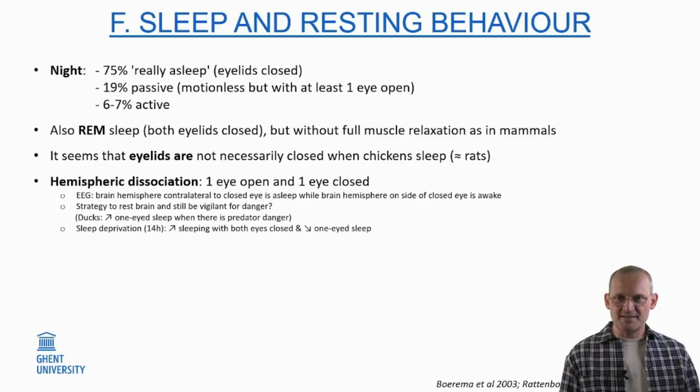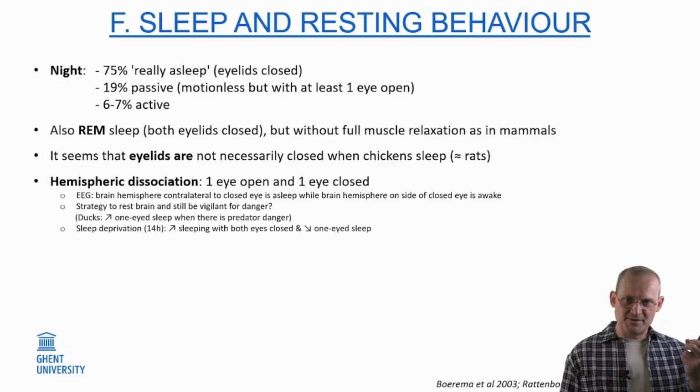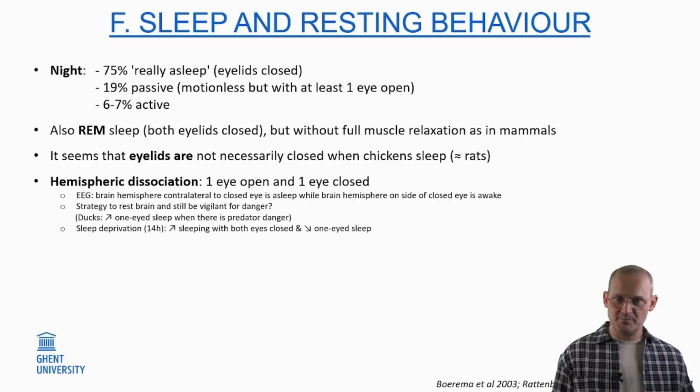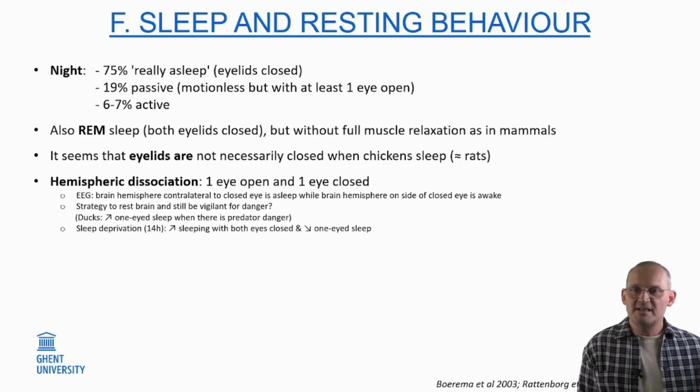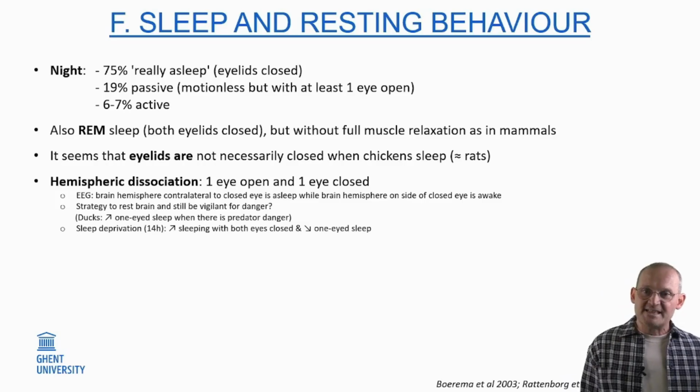And then you see the eye contralateral to the sleeping hemisphere being closed, whereas the eye contralateral to the awake hemisphere is open. That seems to be a strategy to let your brain rest and still be vigilant for danger.